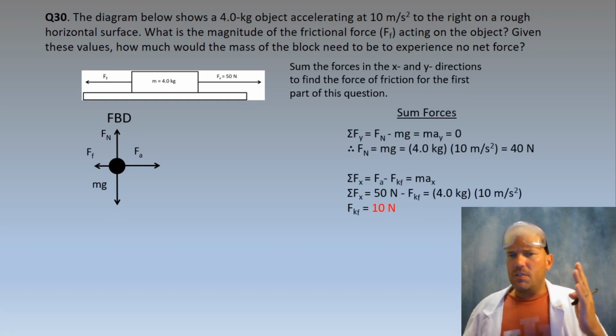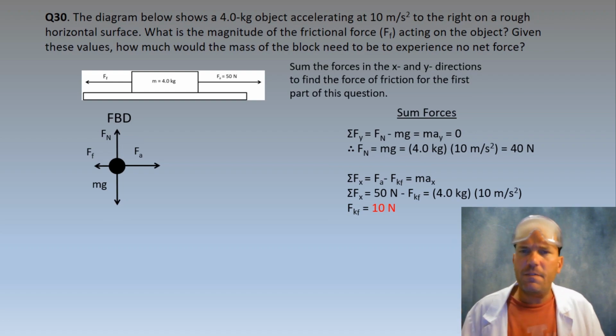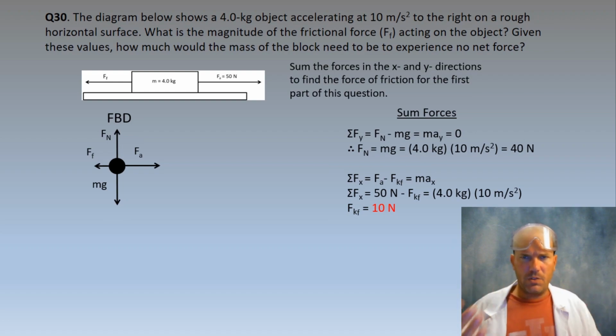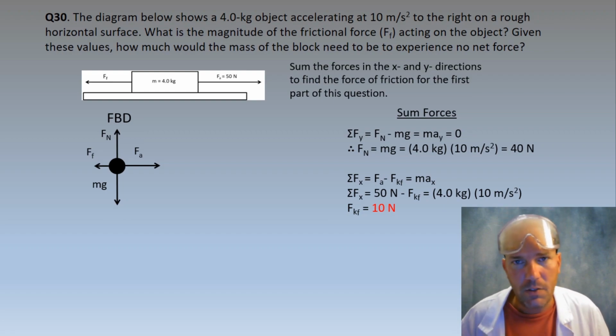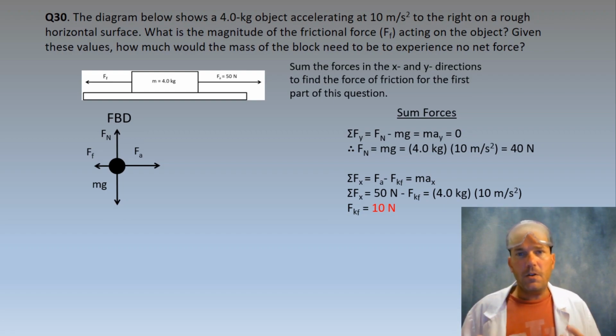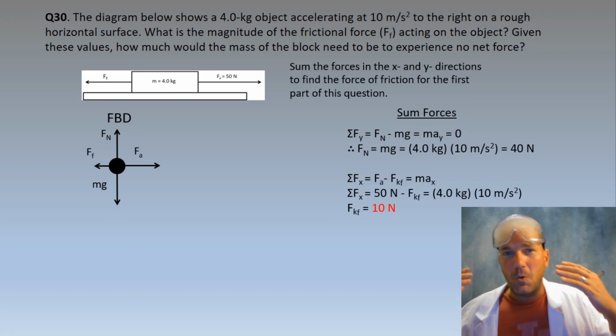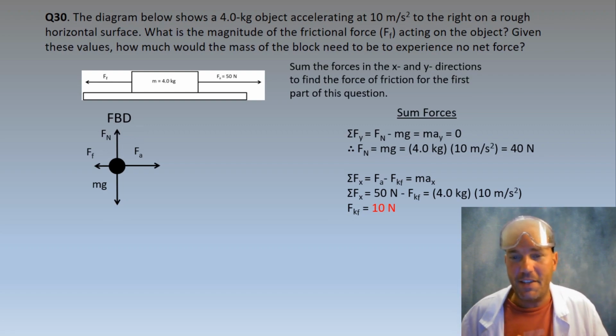Okay? Summing the forces here vertically first, we get force normal, which we'll call up, minus mass times gravity equals mass times the acceleration vertically, which there is no acceleration vertically, it's only horizontally. Therefore, force normal is equal to mass times the acceleration due to gravity, or 40 newtons in this case.